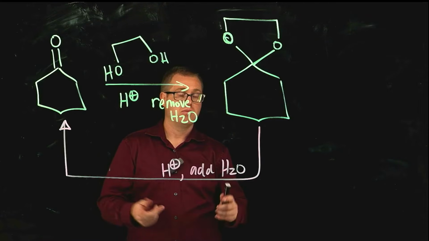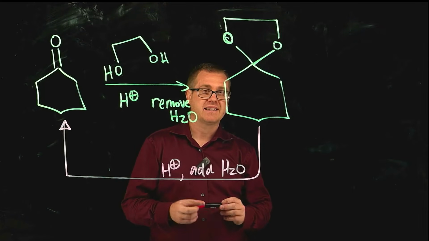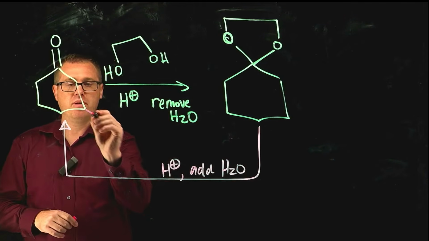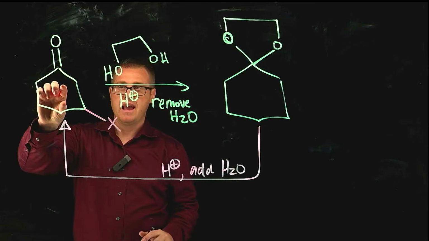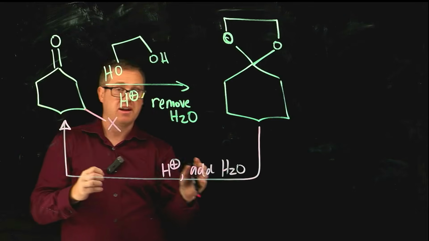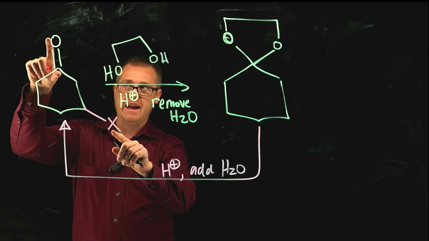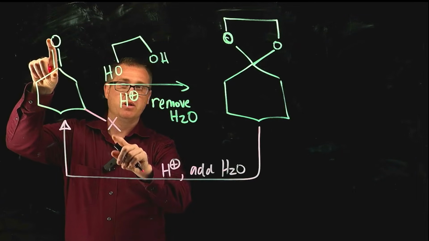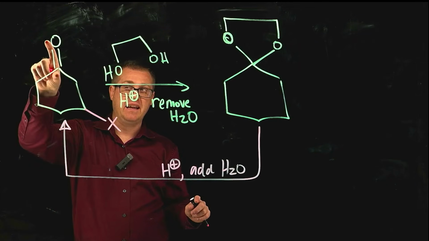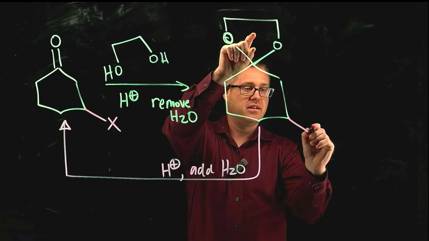Well, I mentioned one: when we talk about sugar chemistry, we can see this happening. Also in organic synthesis. Let's say we have another part on a molecule, something like this, and we want to do a reaction on X. But the reaction conditions that we want to use to react with X also react with the ketone. So what you can do is protect the ketone. One way to protect ketones is to convert them into a ketal or an acetal.